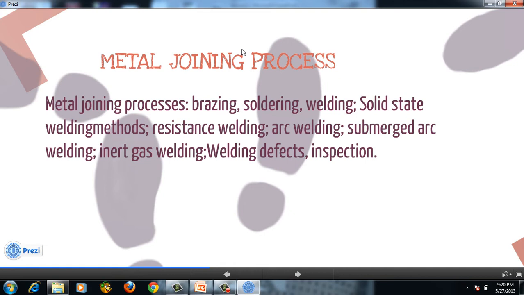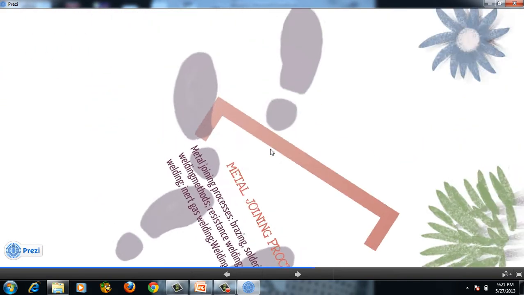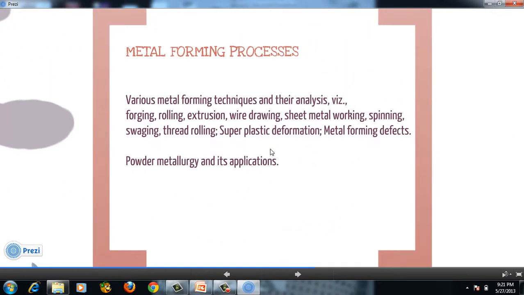Additionally, we have two more terms here, brazing and soldering. We also study in brief what brazing and soldering are in this metal joining process. So it is a combination of welding, brazing and soldering. This is the second segment of the entire syllabus of Manufacturing Technology 1.